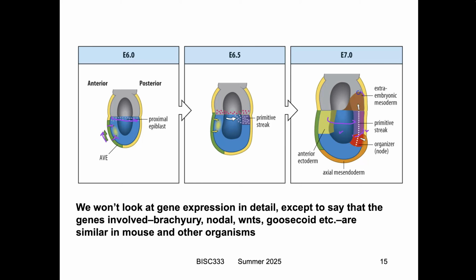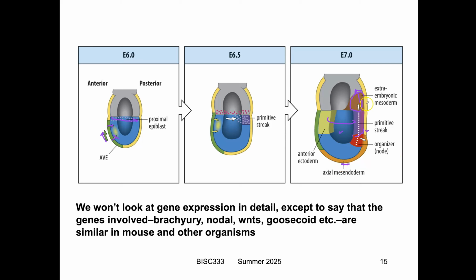But there is some extra embryonic mesoderm also that moves up into the region where implantation and placenta formation is going to happen. And this organizer, the node, is forming just before the distalmost position at the cup.